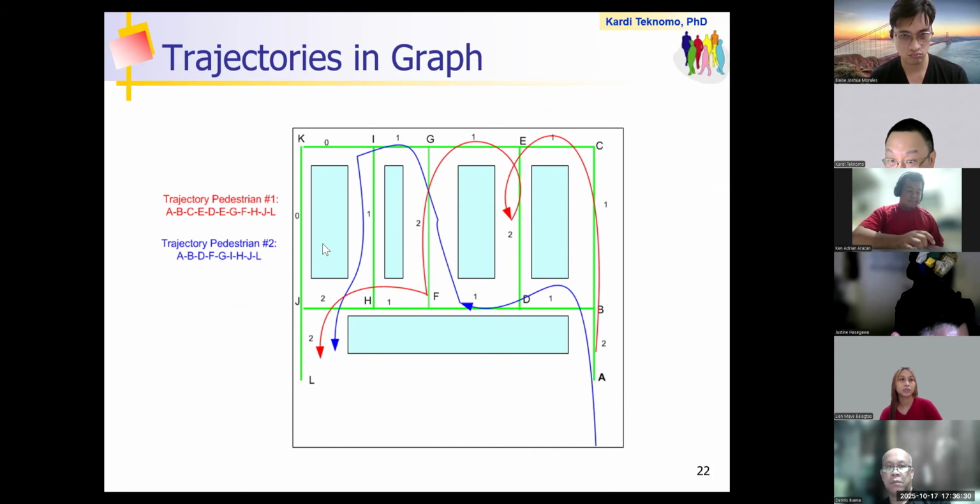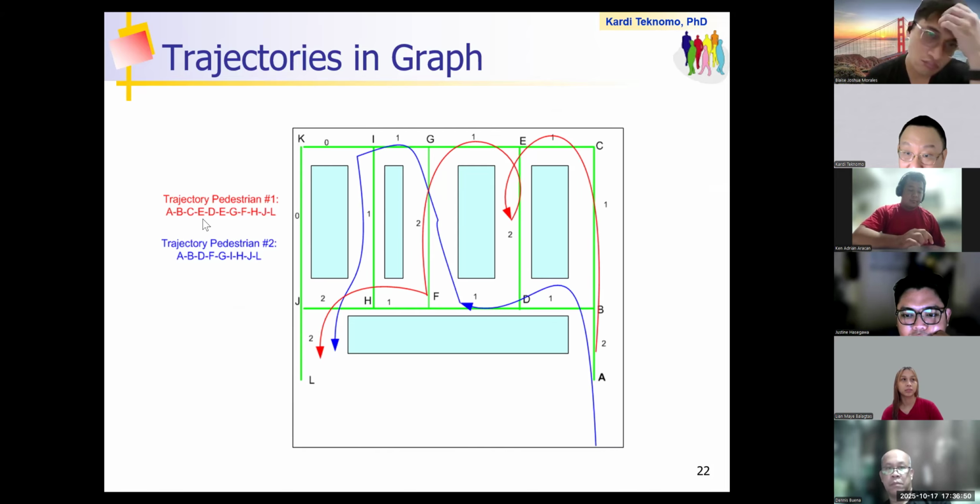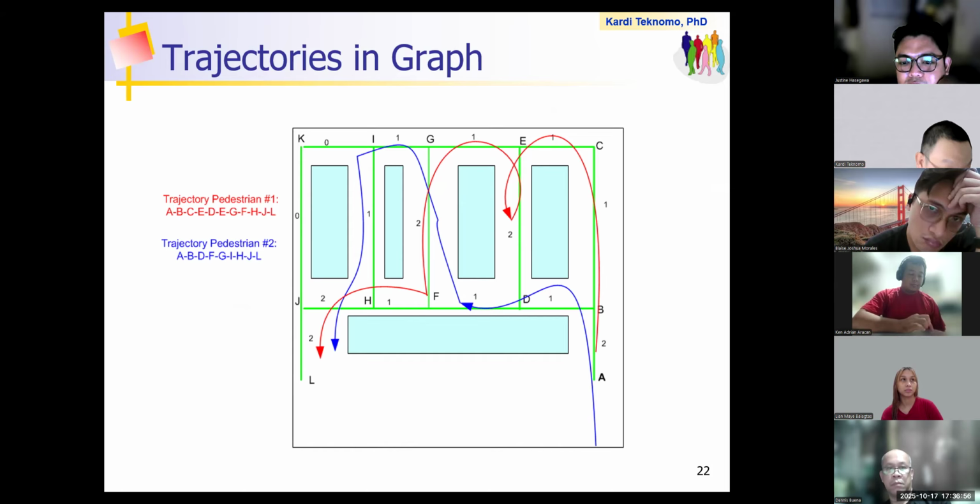Can you see from E, even though it is only halfway, I put it until D, because otherwise you need to put another point here, maybe E1 or E0, whatever. Without that, you cannot represent the trajectory correctly. It is a simplification.